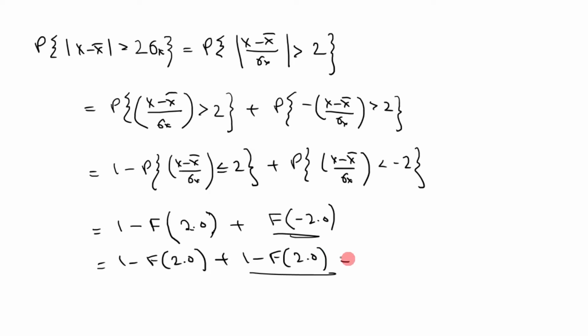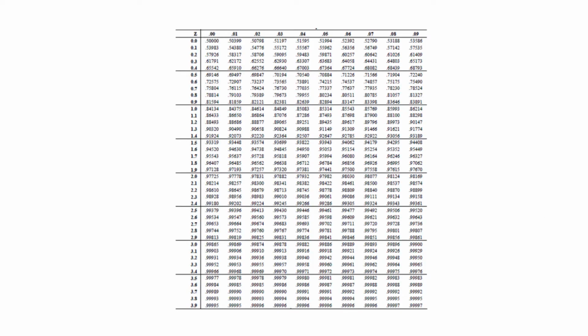and it is equal to 2 times 1 minus F of 2.0. We can determine the value of F of 2.0 from the unit variance zero mean Gaussian random variable table, and from this table you have the value 0.97725.